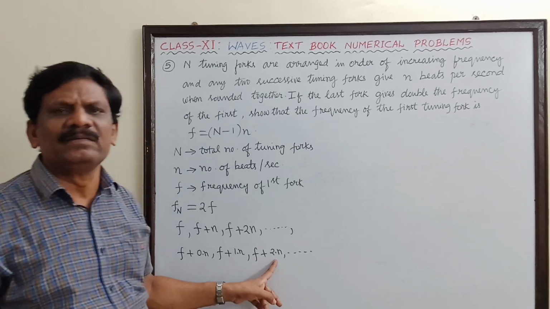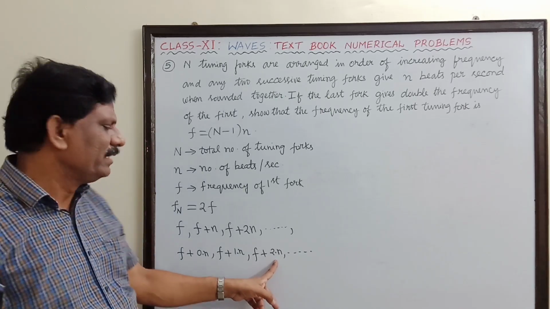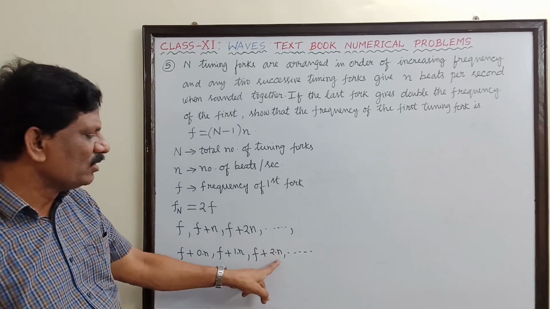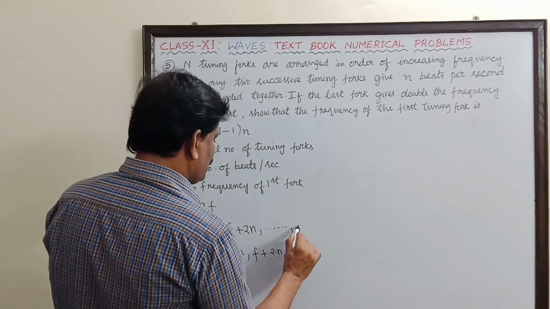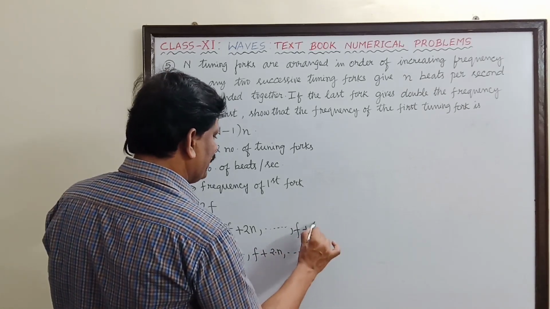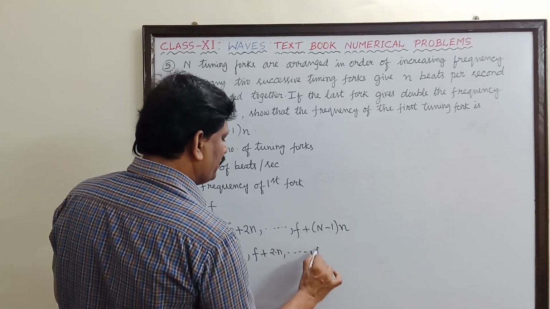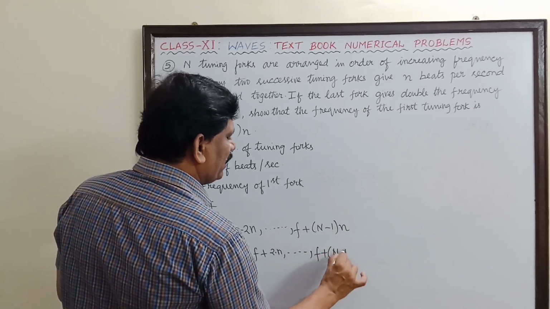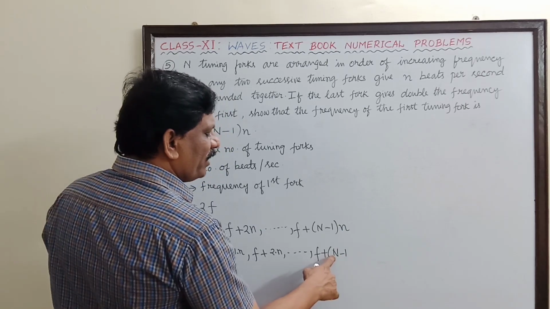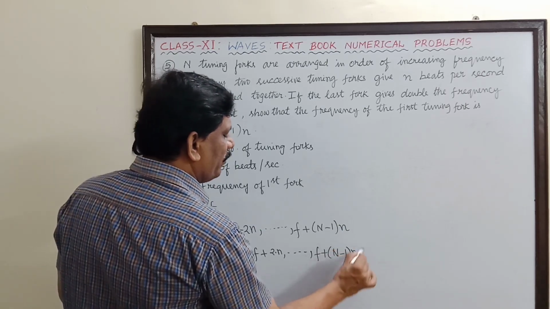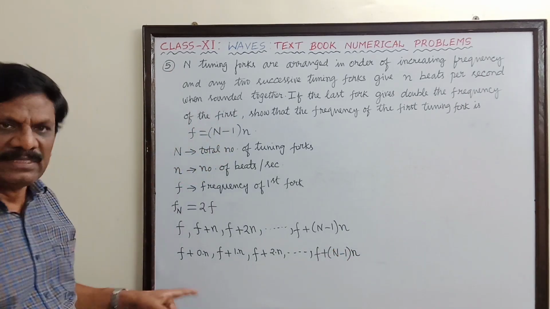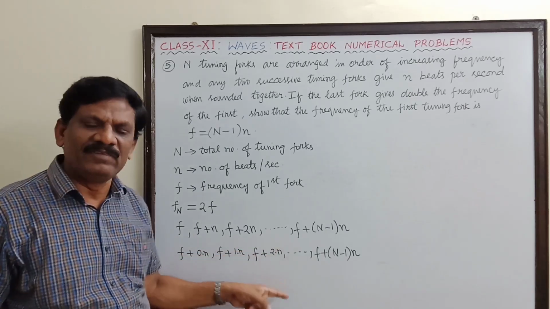What will be the Nth term? Capital N minus 1, is it not? Capital N minus 1 into small n. So the last one must be equal to f plus (N minus 1) into n. So the last term is f plus total number of tuning forks minus 1 into the number of beats. Are you all understanding this concept first?